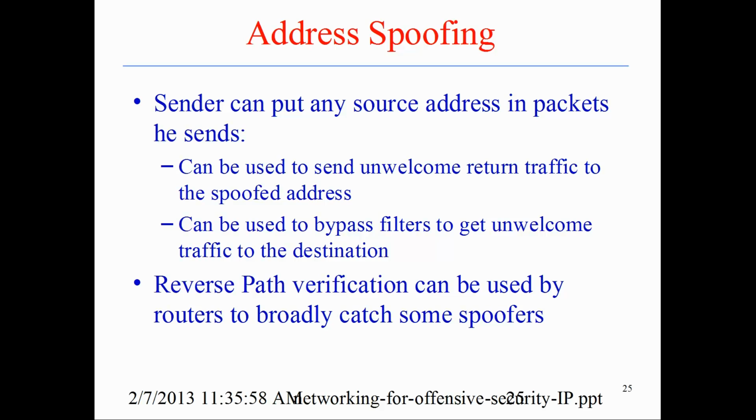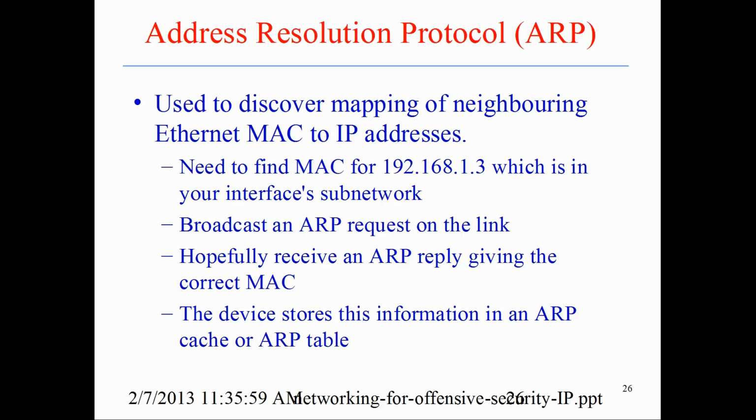So one method of deterring and preventing address spoofing is effectively path verification. If the hops that were traveled from point A to point B are not the same as the path back from whatever you put in the source address to point B, this can be used to determine that there is address spoofing going on, and the router that's doing this can consequently drop the packets and prevent such styles of denial-of-service attacks.